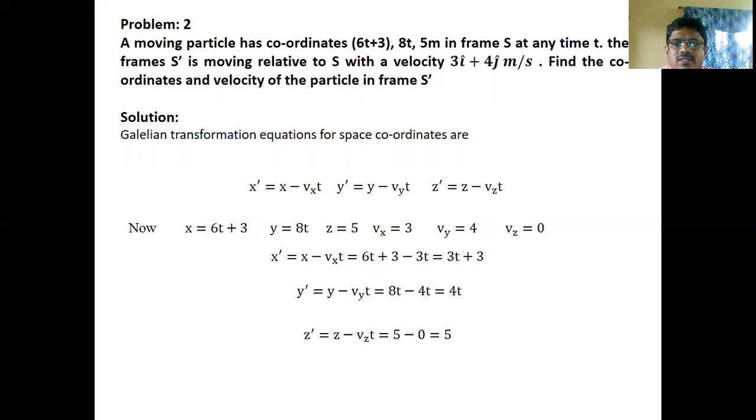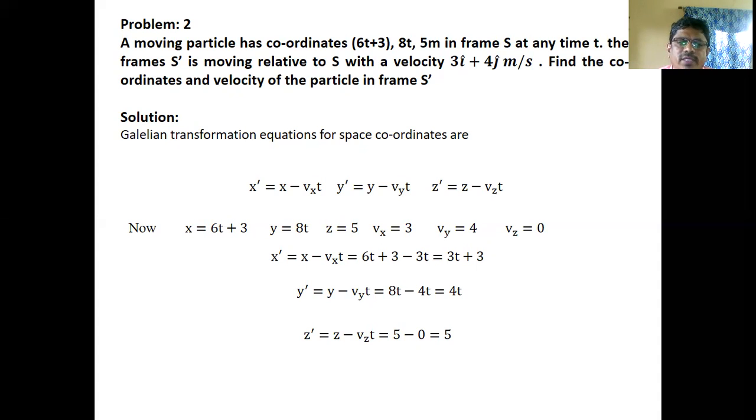Find the velocity of the particle in frame S dash. So given the data, frame S coordinates: x coordinate 6t plus 3, y coordinate 8t, z coordinate 5 m, and the velocity of the second frame relative to the first frame of reference: velocity x is equal to 3, velocity y is equal to 4.